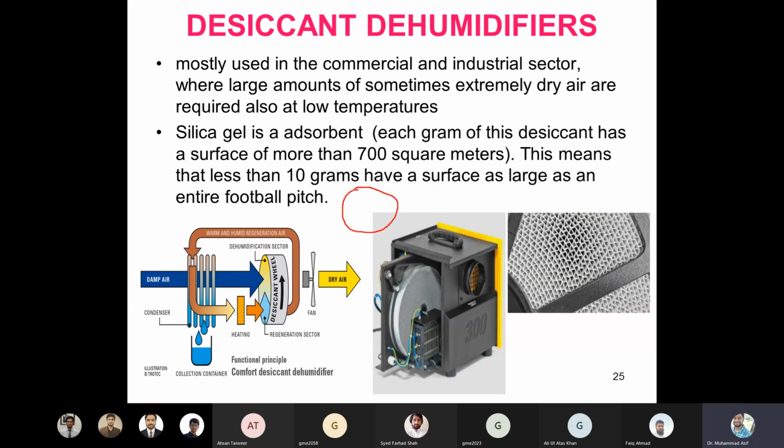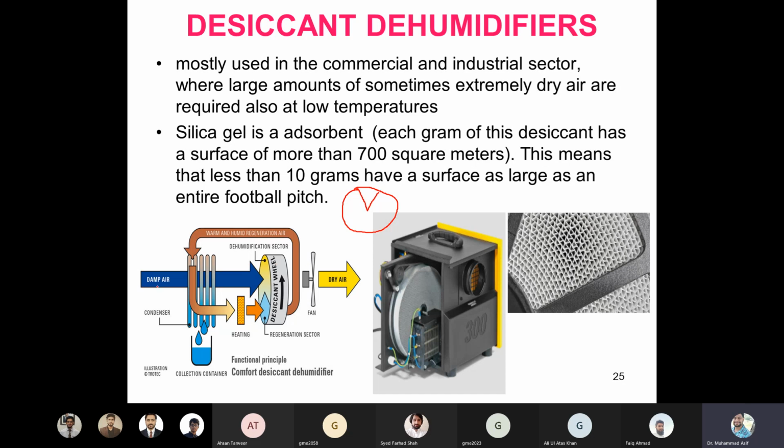Let's say this is the front view, right? 270 degrees of that wheel is used to adsorb vapors. This yellow portion is basically used to adsorb the moisture. The remaining portion, where the moisture has been adsorbed, is used to remove those vapors, to regenerate. We call it regenerating the desiccant wheel.